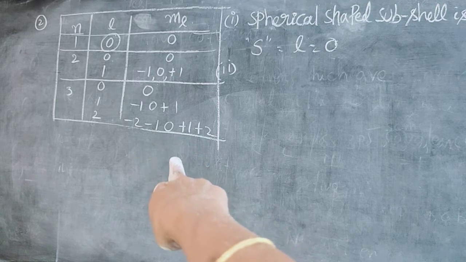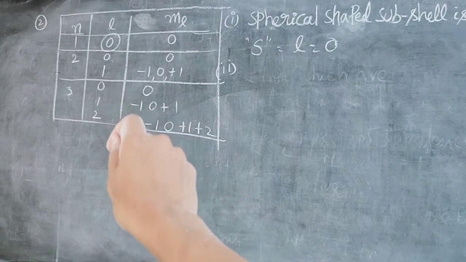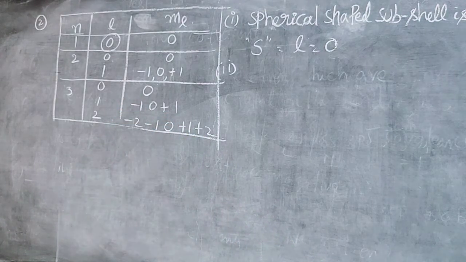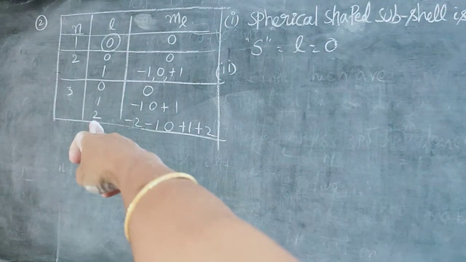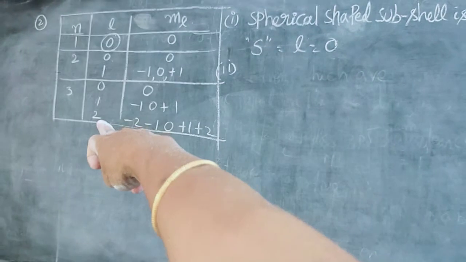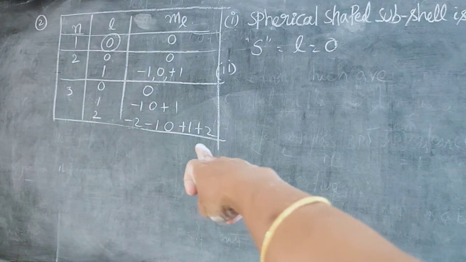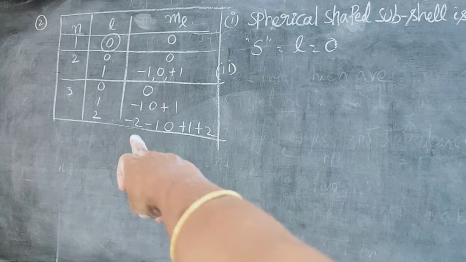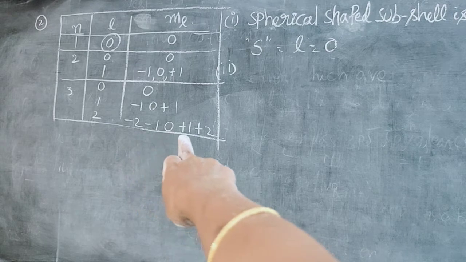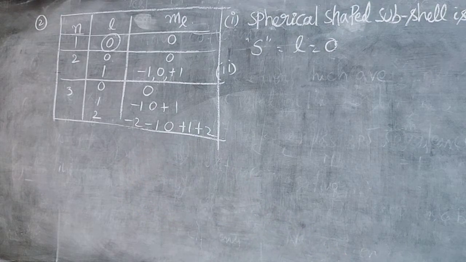L value 2 means 5 ml values: minus 2, minus 1, 0, plus 1, plus 2. So for L equal to 2, there are 5 values. That is the second question.